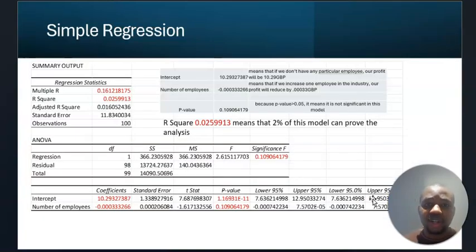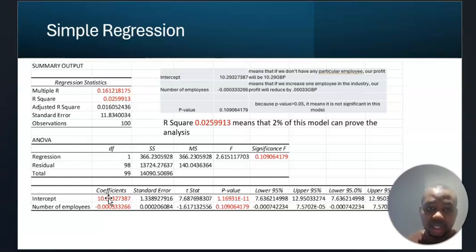Now, for the simple regression, we could take a look at the simple regression table. The R square here of 0.02 means that 2% of this model can explain the analysis. Now, the intercept, we will see the intercept line in the succeeding slide.